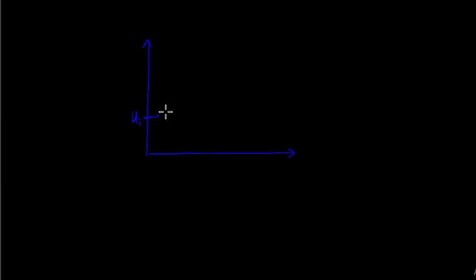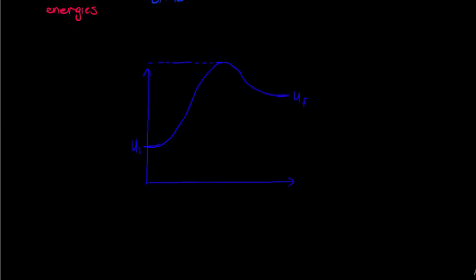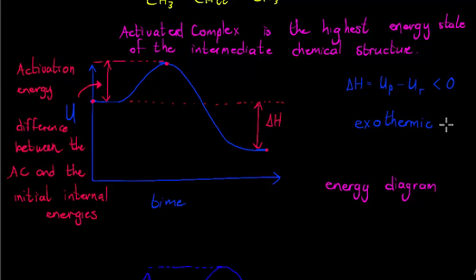But remember, the activated complex is always higher than either one of the two. So I will go up to draw my activated complex, and then my final. Okay, there we go. Now you will notice that in this case I have a higher activation energy.